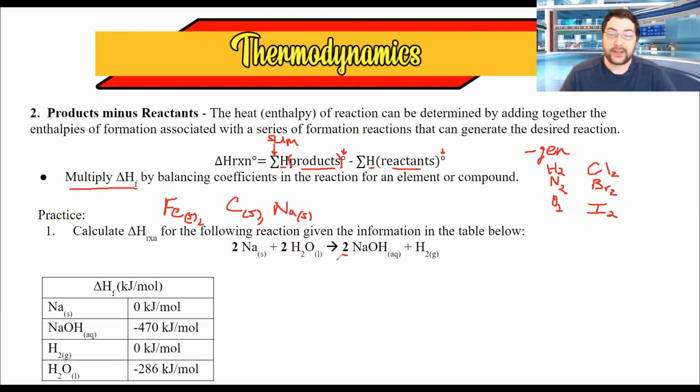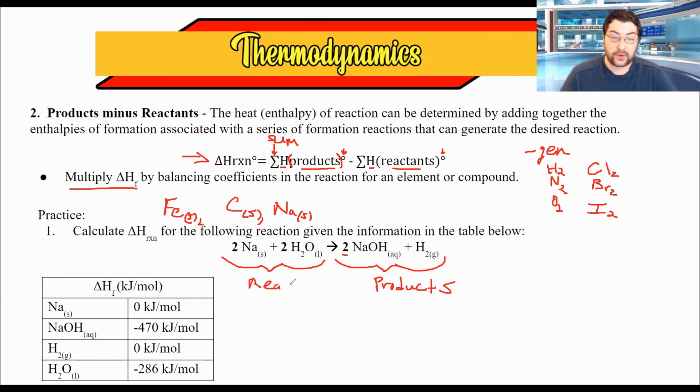All right, so over here on this side, we have our products, okay? And then, of course, on the other side, we have our reactants. And we need to sum the energies on both sides in order to plug them into our formula up here at the top, okay? So let's see here.